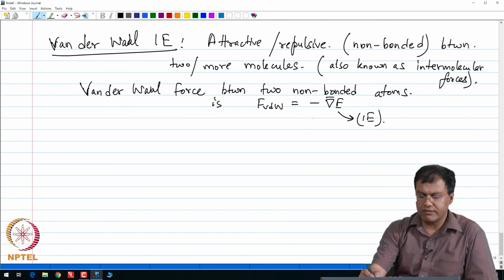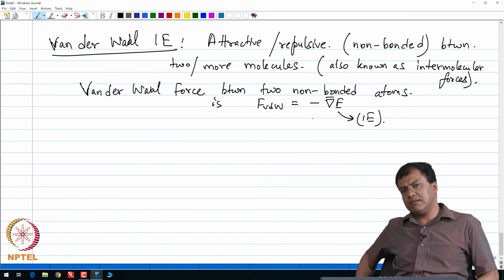I have put a minus sign to represent that this force is an attractive force. Okay.